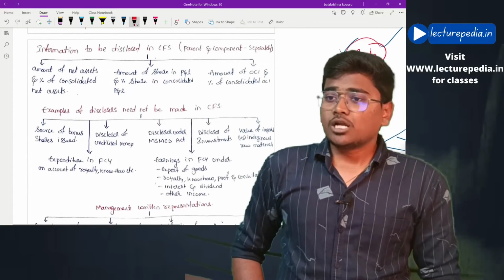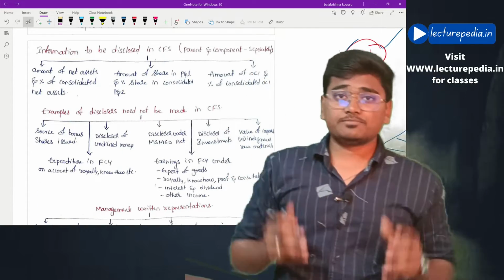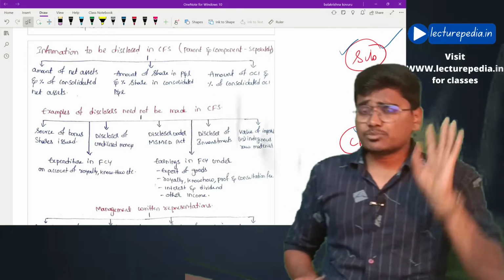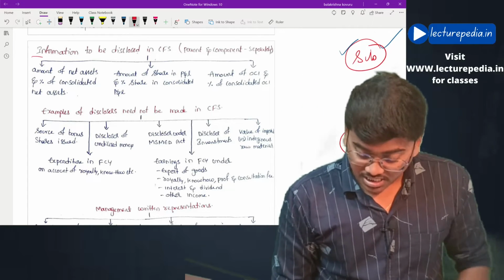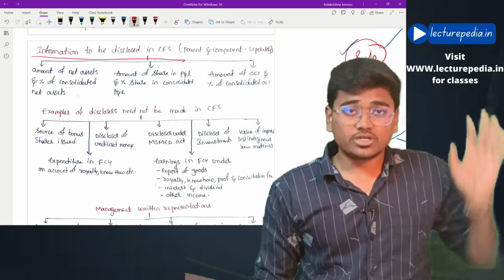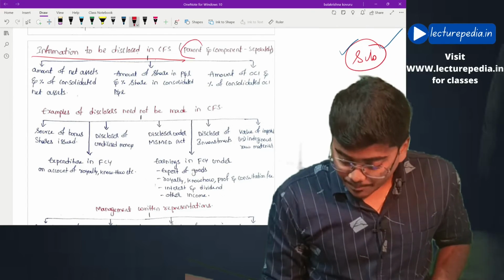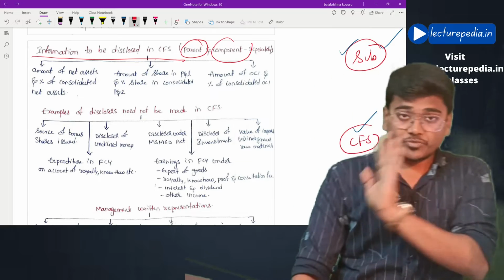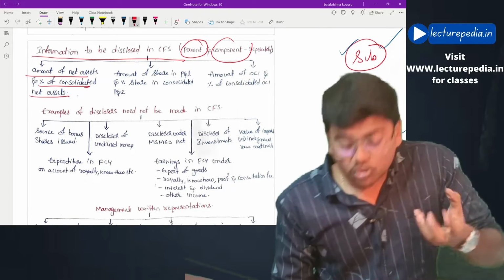Next, in the consolidated financial statements you have to make certain disclosures. There are three types of disclosures which have to be mandatorily given. What are they? First one, information to be disclosed in the consolidated financial statements. This information you have to give separately for parent and component. First of all, amount of net assets and percentage of consolidated net assets.